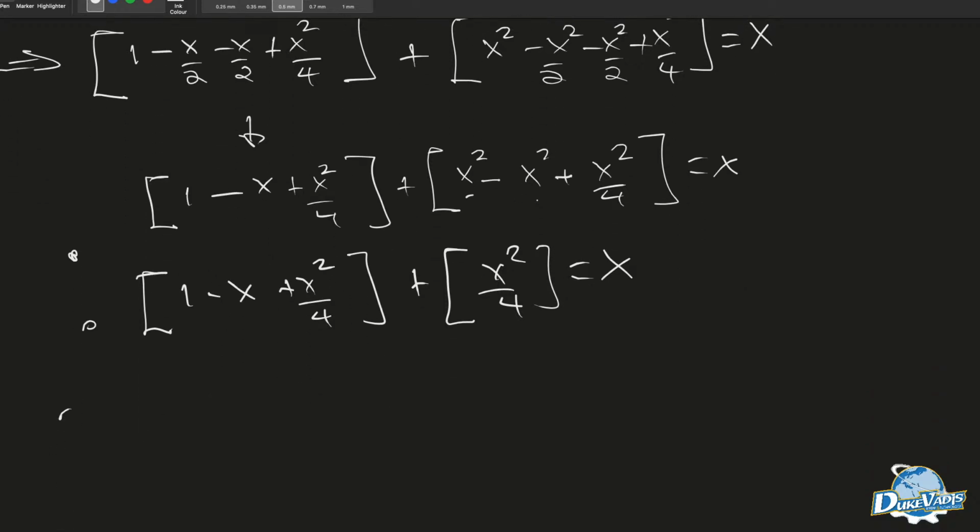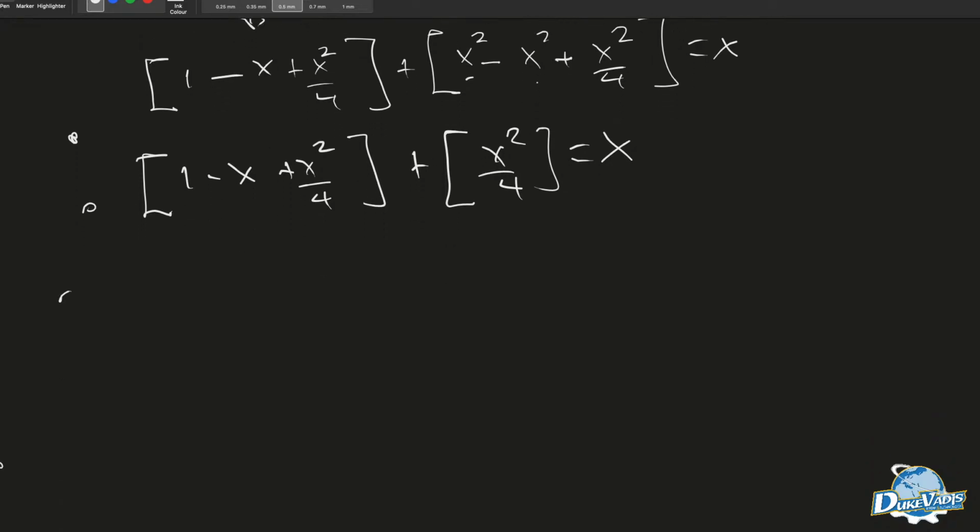Okay, let's go up there again. If you put them together, if you look at it very carefully, we have 1 - x, and everything here is addition, so we are going to get 1 - x + x²/2 = x.